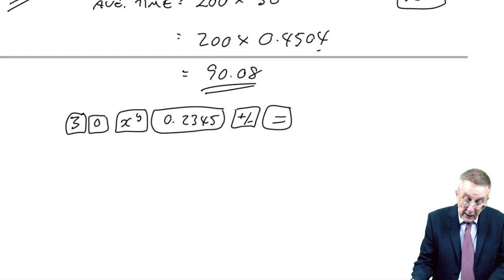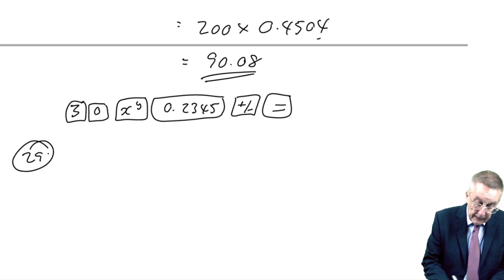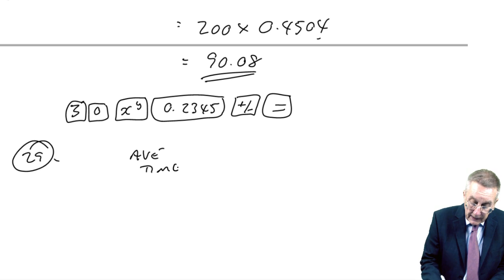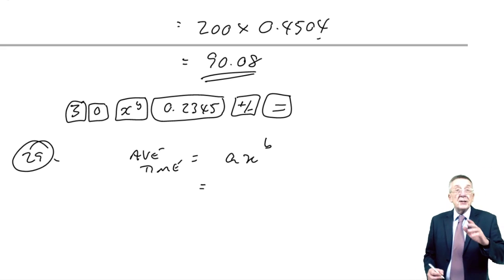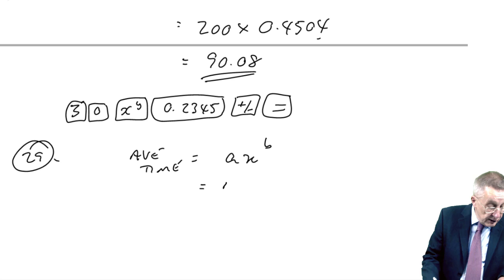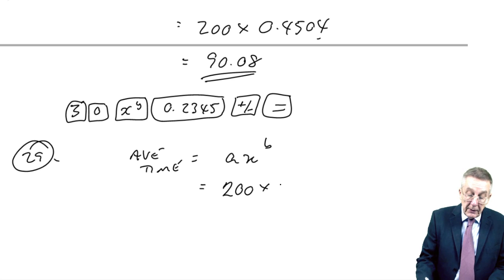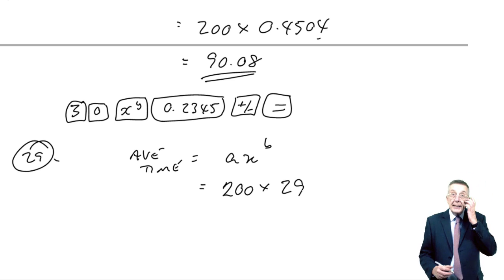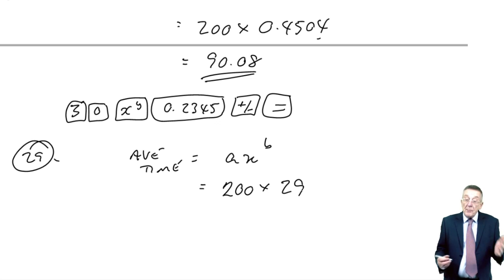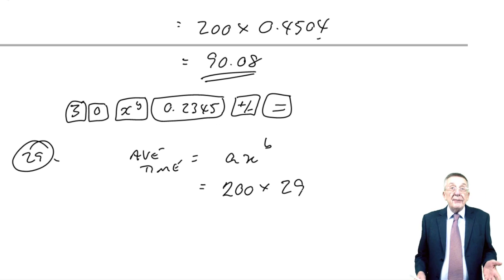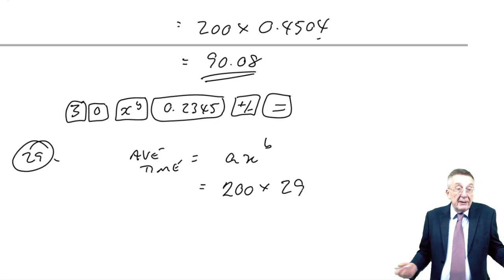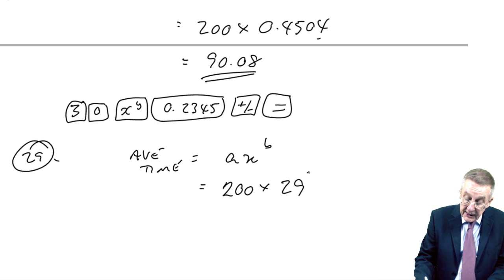It doesn't take too long. What's the average time if we make 29? Well, again, the average time equals a x to the power b. A was the time for the first unit, 200. X was the number of units, which this time is 29. And b, of course, even if you had to calculate it, you don't need to calculate it again, it was minus 0.2345.